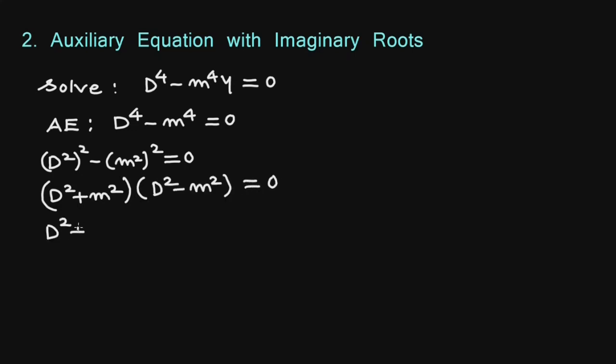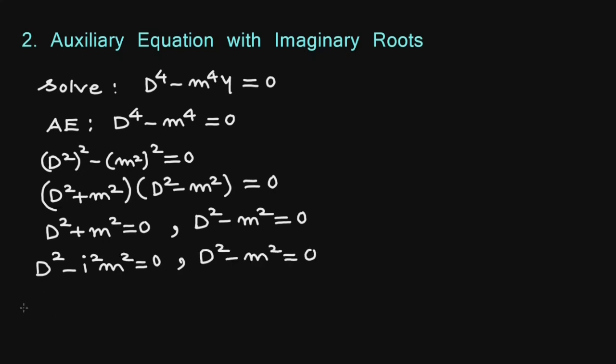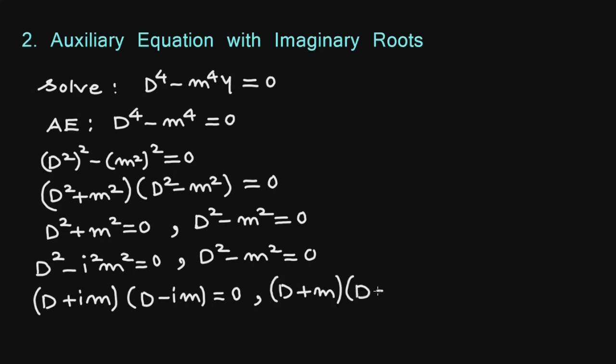D square plus m square equals 0, or D square minus m square equals 0. D square minus i square m square equals 0. This is a difference of two squares, so it can be factorized. (D plus im) into (D minus im) equals 0 and (D plus m) into (D minus m) equals 0. D equals plus minus im and D equals plus minus m.